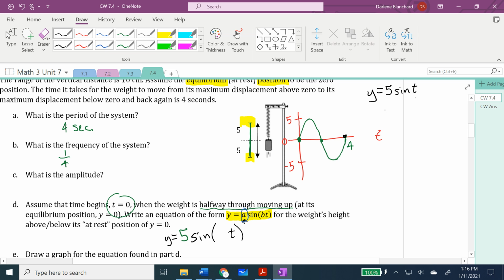So the normal end of a cycle, the normal period of a graph, is 2 pi. The period of this graph is 4.